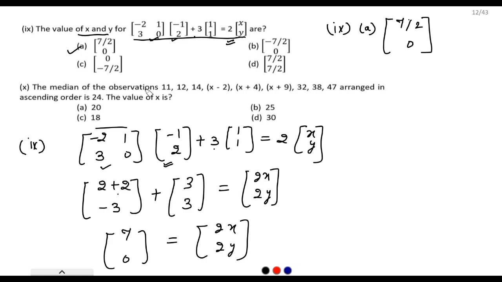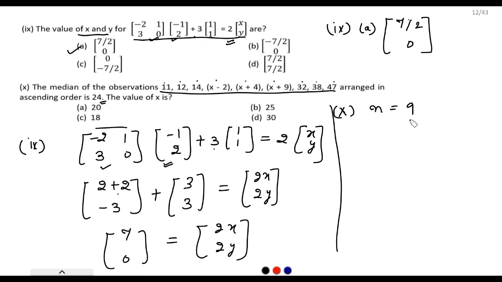Next, the median of the observations, arranged in ascending order, is 24. Find the value of x. First of all, find the number of terms: 1, 2, 3, 4, 5, 6, 7, 8, 9. Total number of terms is 9, it is odd.